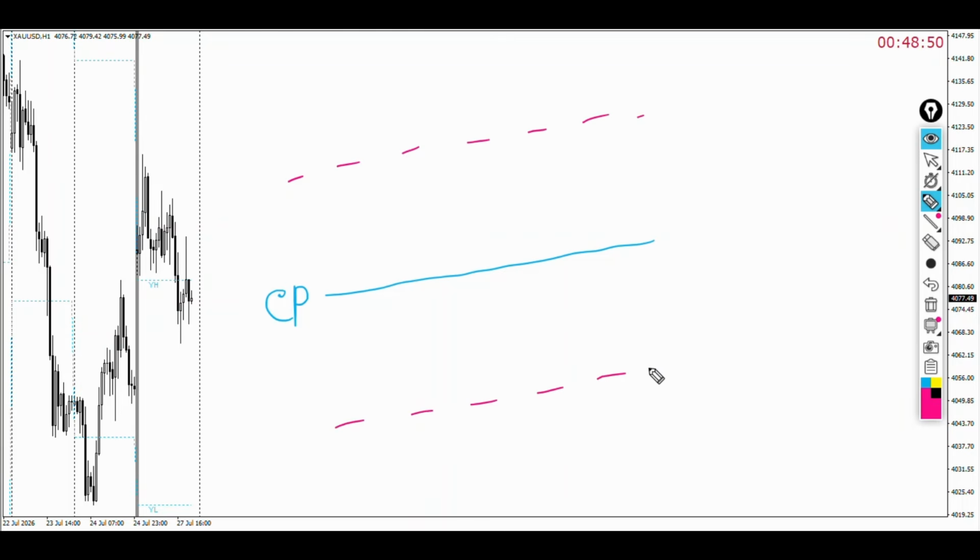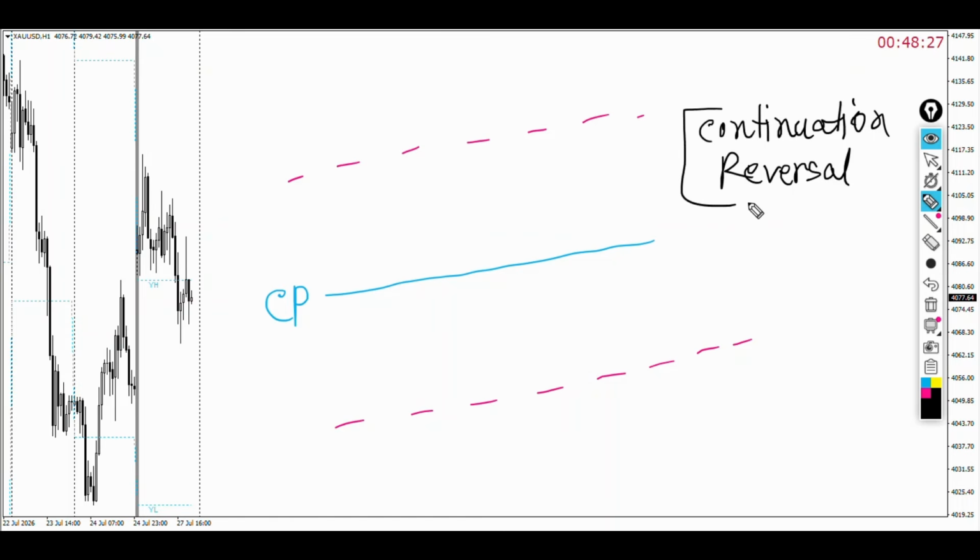I said that there are two types of trade setup. The first type is the continuation, or it can be a reversal trade setup. These two types of trade setup you can look for on your chart. It doesn't matter which trade setup you are looking for, there is a prerequisite, which is the market must be in breakout, either on the upside or on the downside.